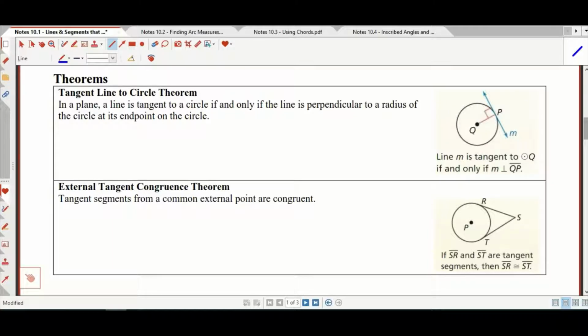Here are some theorems that go along with that. In a plane, a line is tangent to a circle if and only if the line is perpendicular to a radius of the circle at its endpoint on the circle. That is to say, if I connect the radius to a tangent line, it's going to be a right angle. And it's got to make sure that it has an endpoint right there.